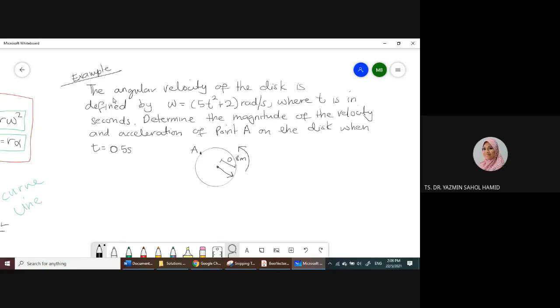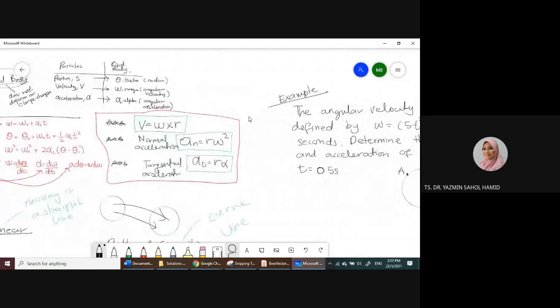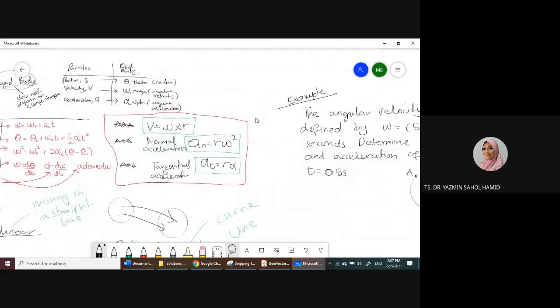Okay, omega tu represent velocity. Kalau sebelum ni position unit dia meter, velocity meter per second, acceleration meter per second squared kan? Theta ialah radian, so angular velocity akan jadi radian per second, angular acceleration akan jadi radian per second squared.